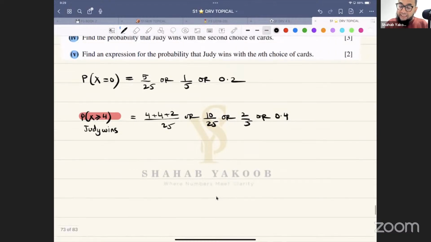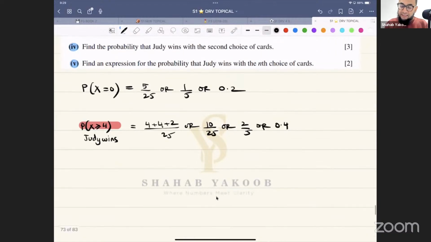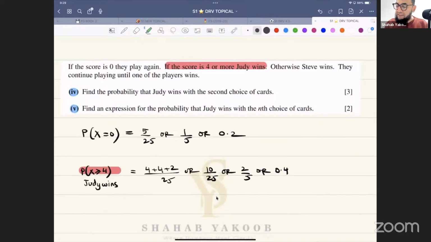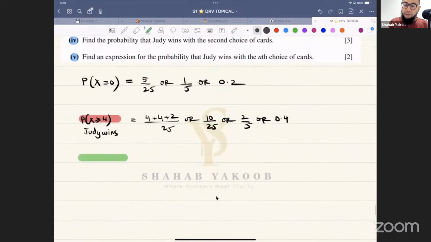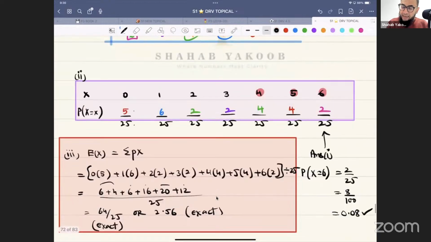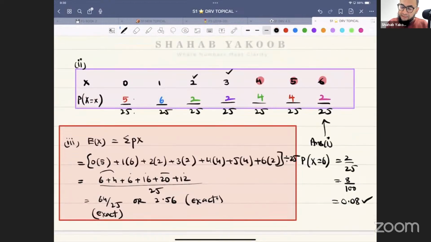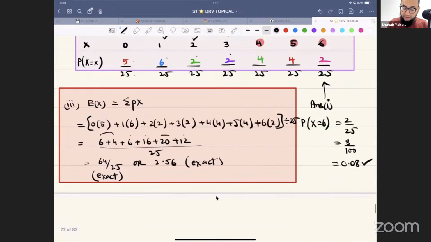And then it says, otherwise, Steve wins. So probability of Steve winning is basically this plus this plus this, because 0 is already taken care of. 6 plus 2 plus 2, that is 10 over 25.